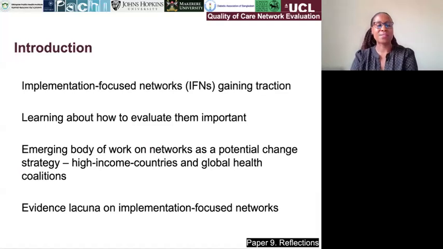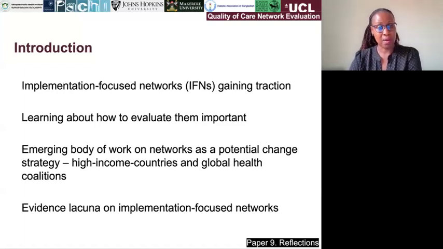What the previous presentations and my colleagues have just highlighted is a glimpse of the increasing value and use of implementation-focused networks globally within the last couple of decades. Therefore, learning to evaluate these networks is important. Although there is an emerging body of work on networks as potential change strategies, this is mostly from high-income countries, all on networks which are focused on drawing attention to global health issues in low and middle income countries.